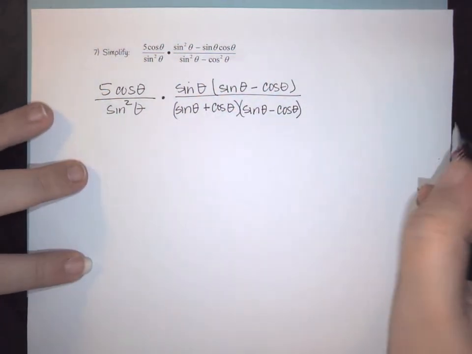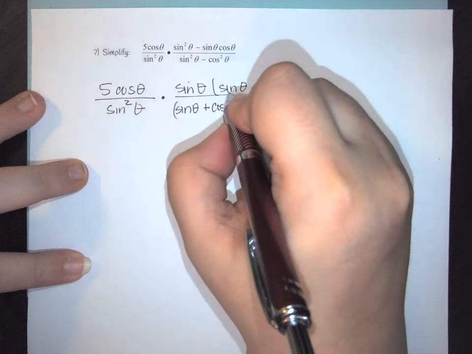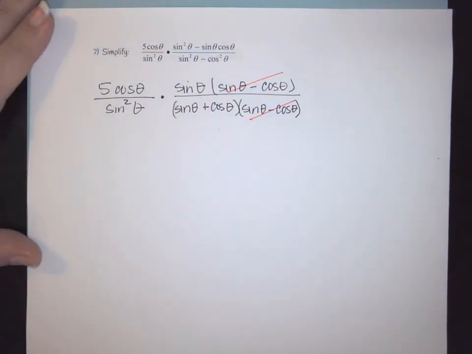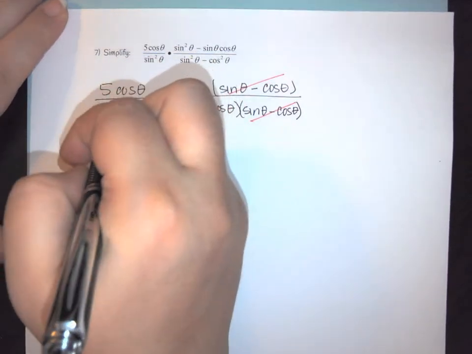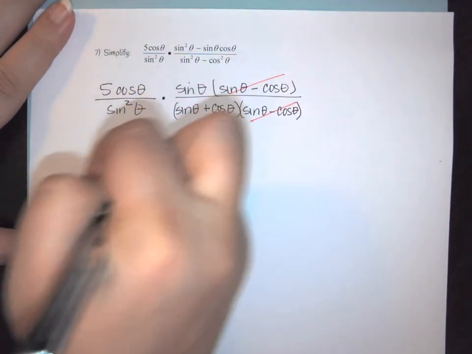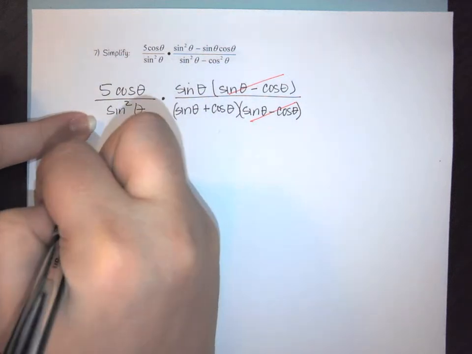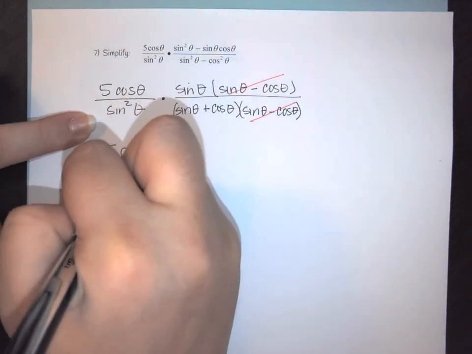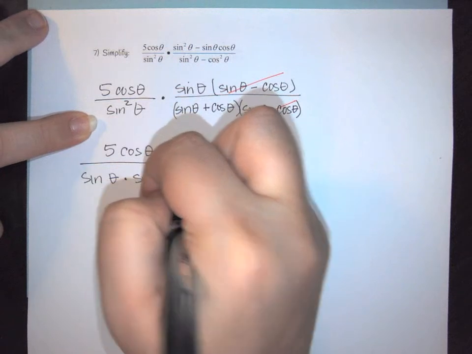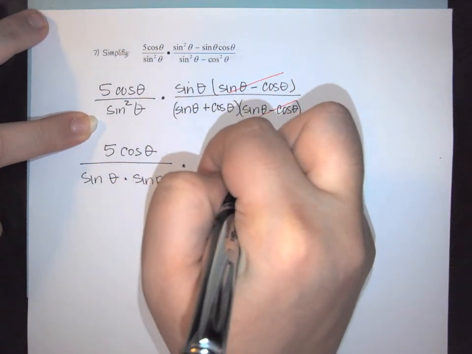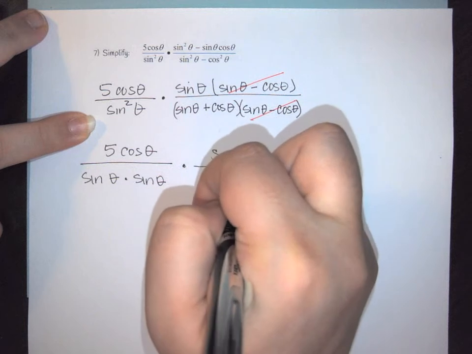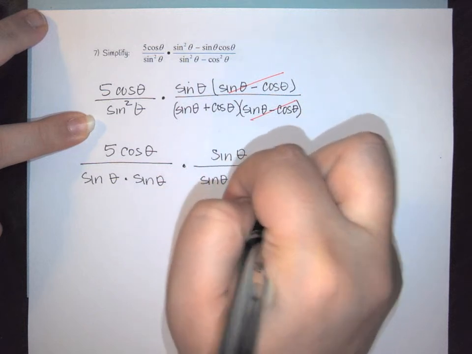Immediately, one of the things you should notice is that I can get rid of those two right there. And so this is going to become 5 cosine of theta all over sine squared, which can be sine of theta times the sine of theta. And I'm multiplying this by your sine over sine of theta plus the cosine of theta.